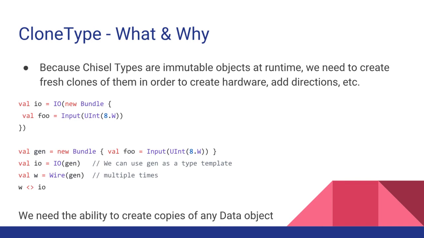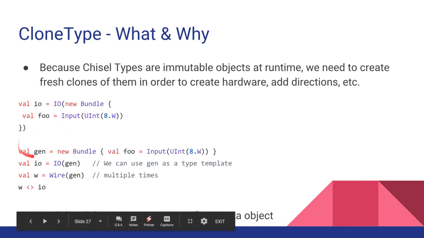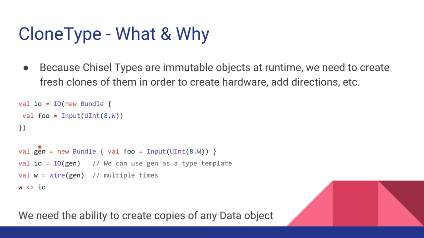For those who are not as into immutability and functional programming, this notion that these are immutable and that I need gen and io to be different objects is the concept called referential transparency. While I mentioned earlier that Chisel is this kind of ugly mutable global state thing that's gross, we try very, very hard to present to the user a functionally pure-ish, side-effect-free, and referentially transparent world.